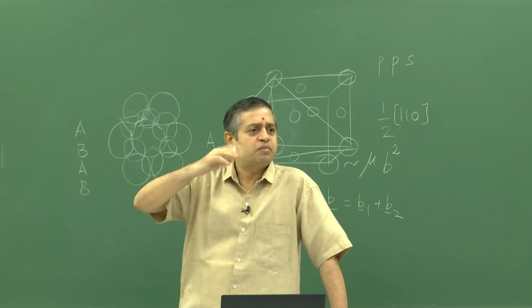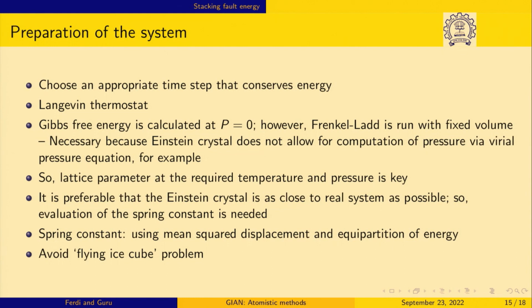Now, the second thing somebody asked: the Einstein crystal, the omega that I choose, how do I choose omega, for this system or for all systems? Because it is an Einstein crystal, anyway I can start with whatever omega.